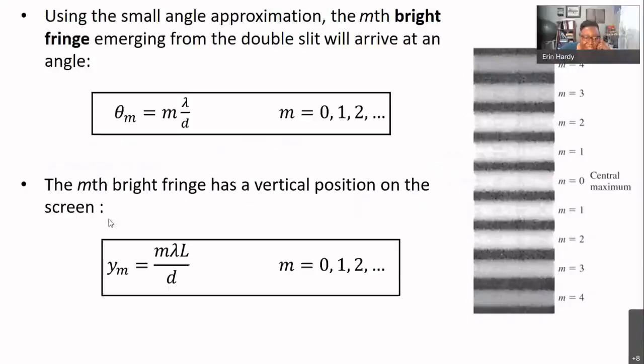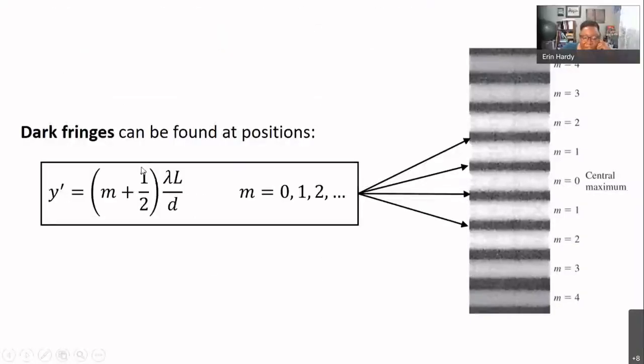And just to roll back a slide here, y sub m was an integer multiple of m times lambda L over d. To find the dark fringes, we want half integer multiples. So we can still start with m is equal to 0 because that's still meaningful in this discussion.